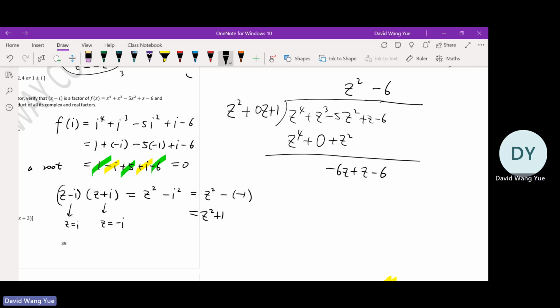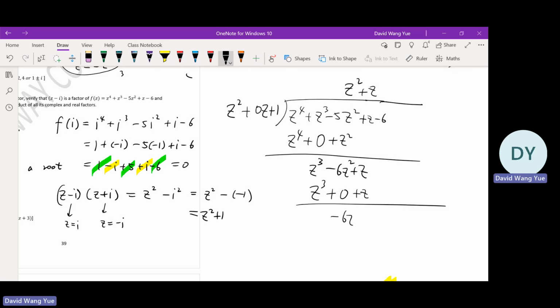Wait, I made a mistake. I forgot. z cubed minus 0 is z cubed. Okay, so this z cubed divided by z squared is z. But once again, 0z times z is 0.